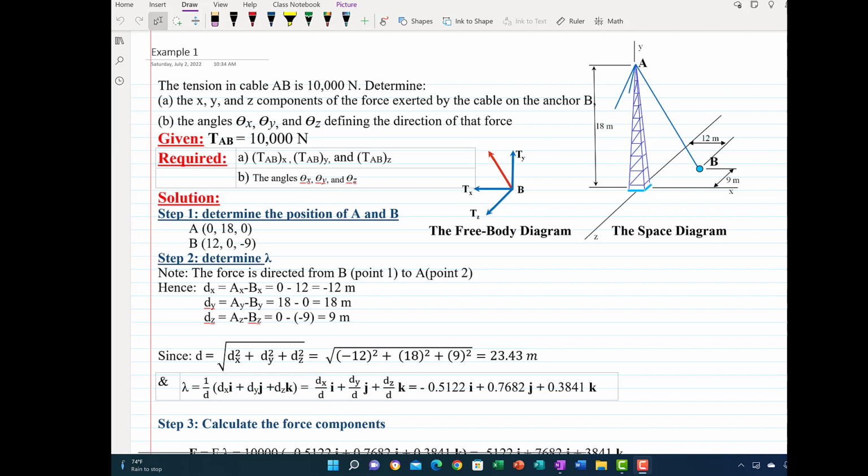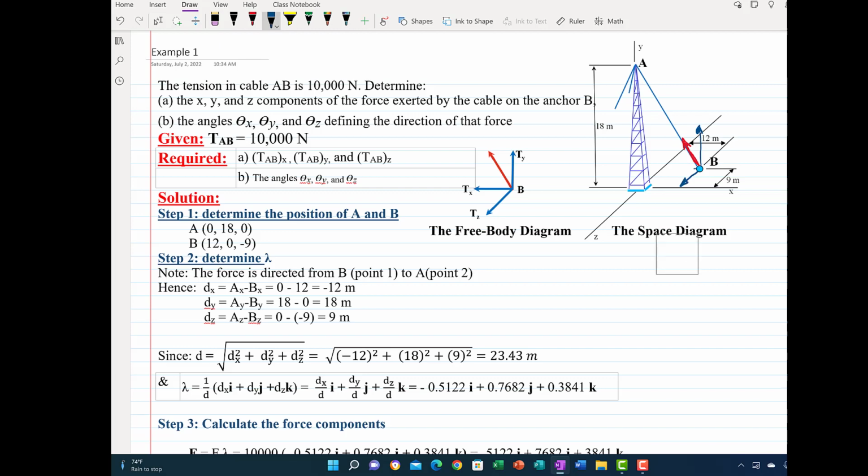If I look at this one here, I have a tension at B going up in this direction, and now we need to resolve this force into components. We're going to have a vertical component in the y direction, a component in the z direction, and a component in the x direction.